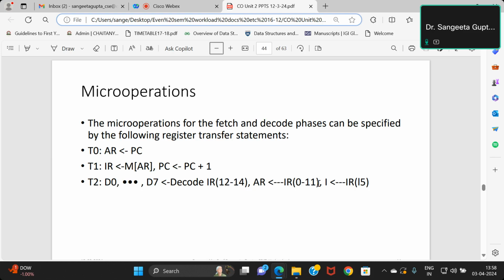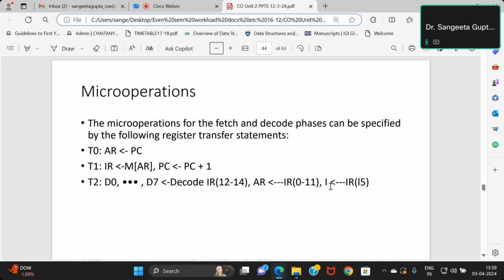And the address register is holding bits 0 to 11, which represent the address of the instruction. If there is an indirect address, then that indirect bit, the 15th bit, is stored into I, which represents the mode bit, where the mode bit is 0 for direct address and 1 for indirect address.